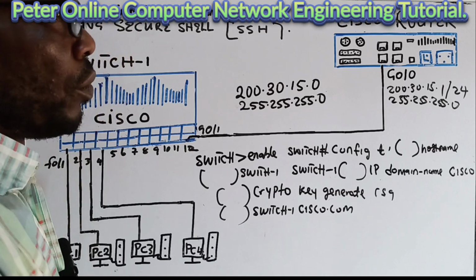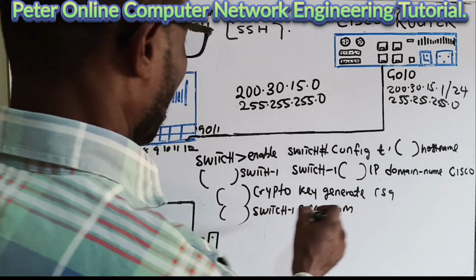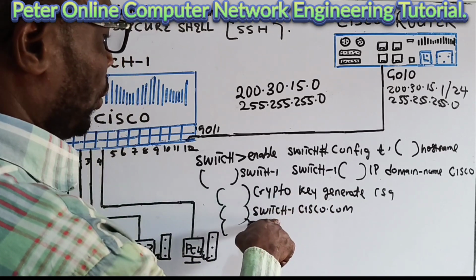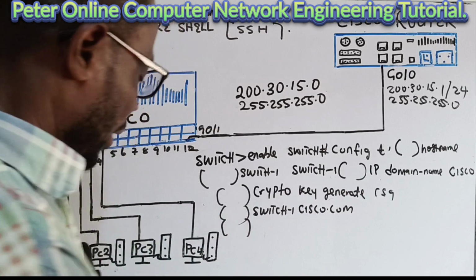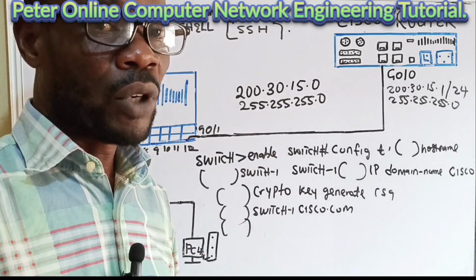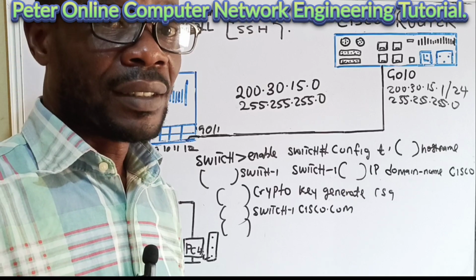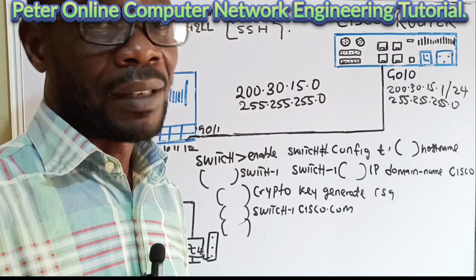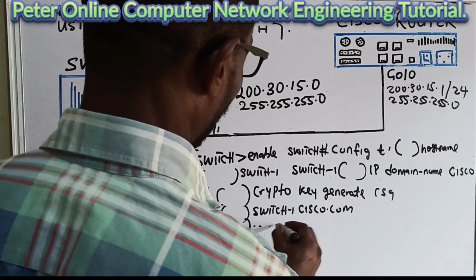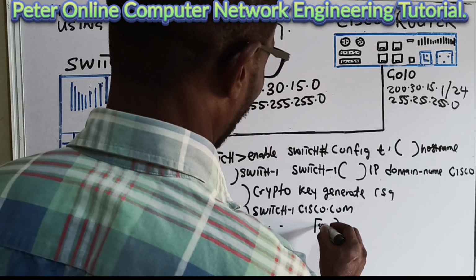The next thing you will see is that the key will be generated with a modulus, a kind of number from 360 to 2048. By default, it will choose 512.